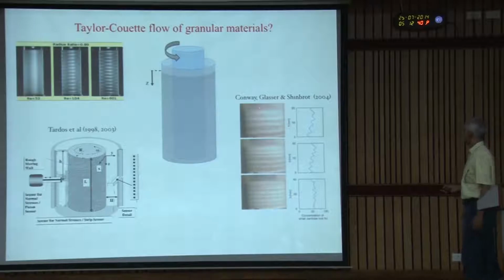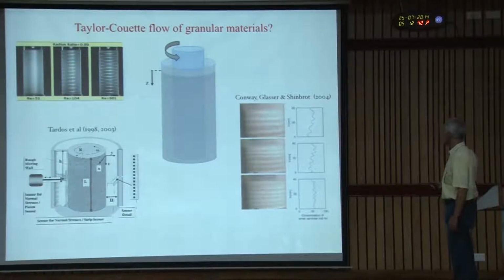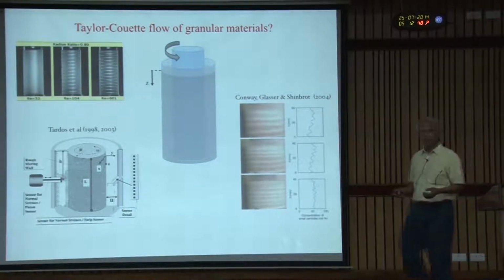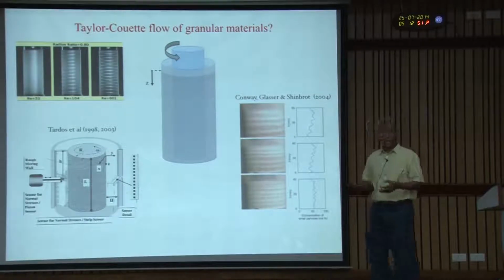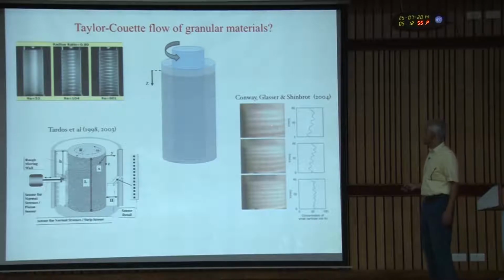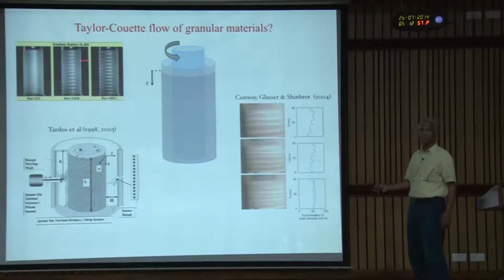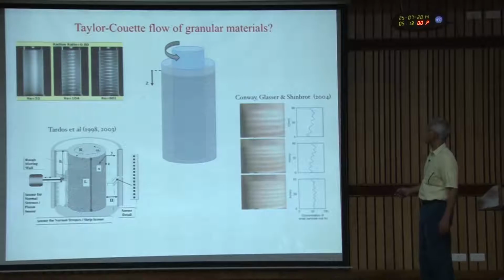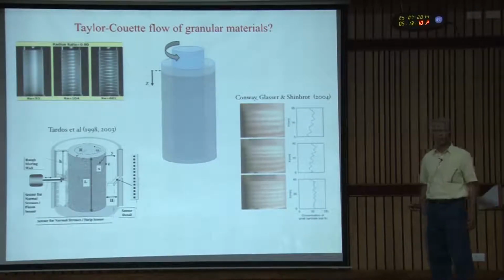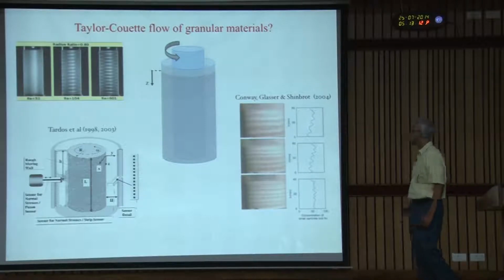Now, this set of investigators found that if you have two kinds of grains mixed together, then you get a spontaneous separation, and you get the same kind of vortices that you get in Taylor-Couette flow of a Newtonian fluid, but the lighter bands over here are of the smaller grains, and the darker bands are of the larger grains.